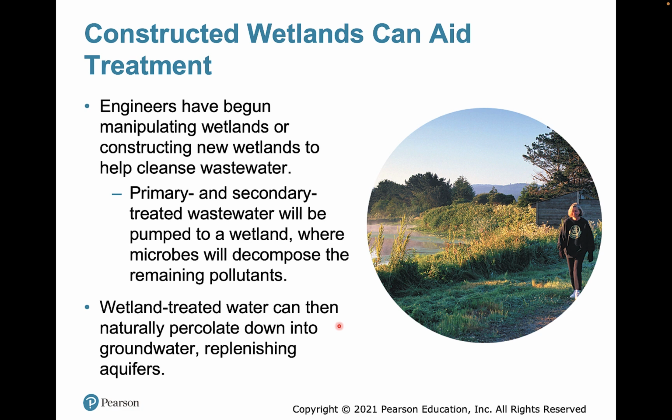So to let the natural ecosystem services that exist in wetlands, the natural bacterial decomposition, do their thing to clean wastewater to allow it to go more quickly back down into the ground. All right, so there is freshwater use.